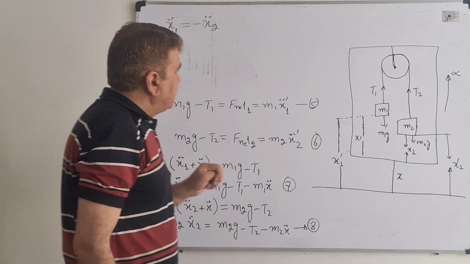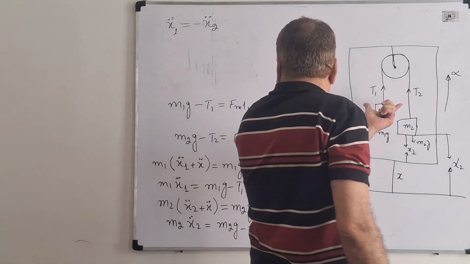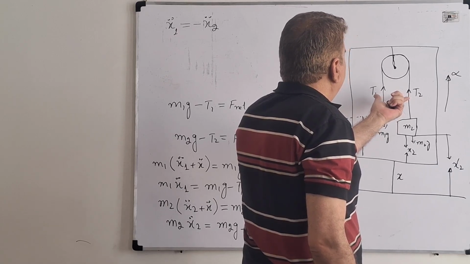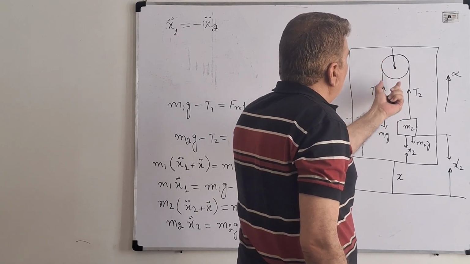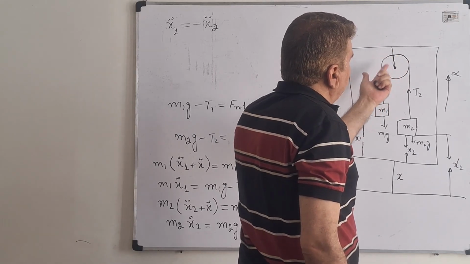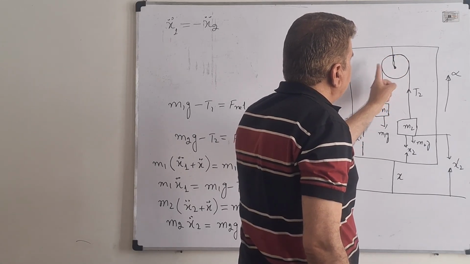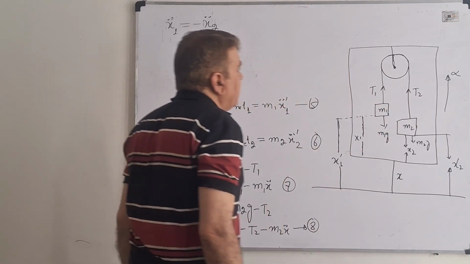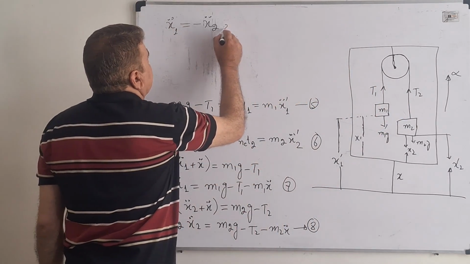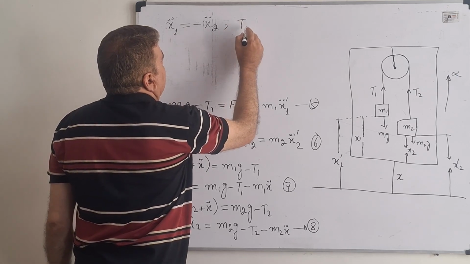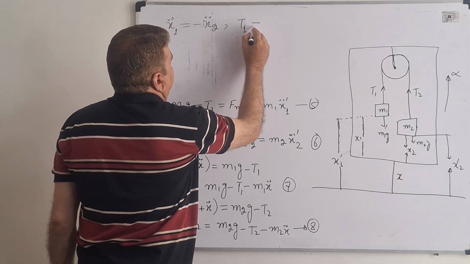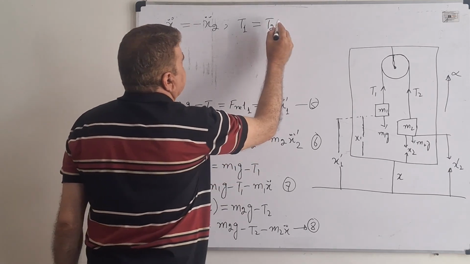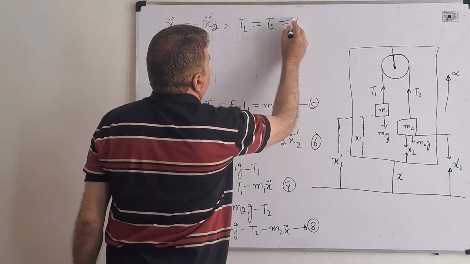The second condition I consider here is that the string is massless and there is no friction in any part of the pulley. When that's the case, this tension should always be equal to that tension. That is, the second constraint that we put on our system is that T1 equals T2, and I set both of them equal to T.